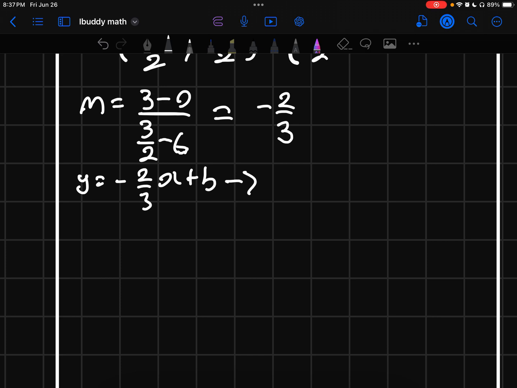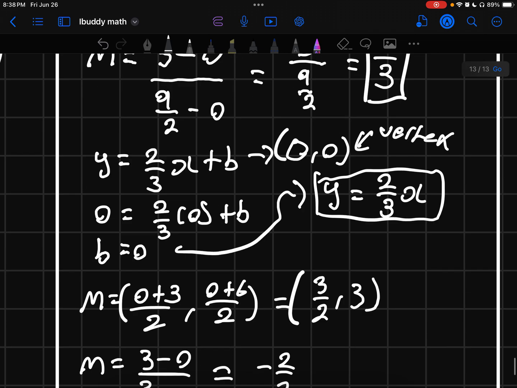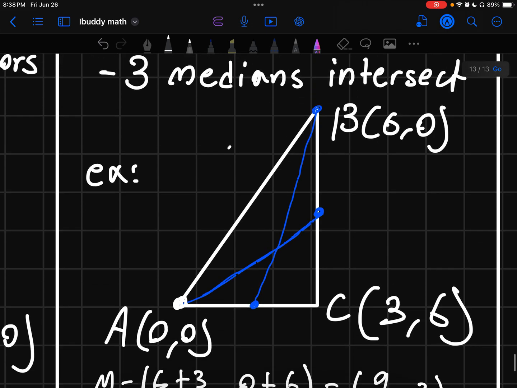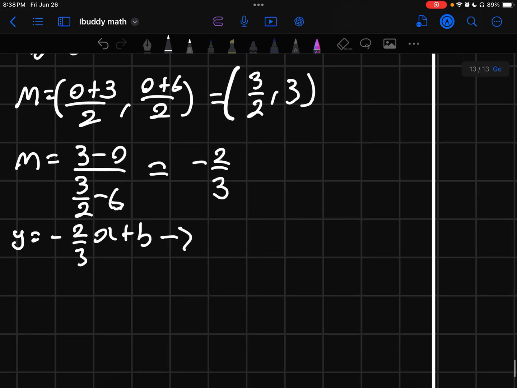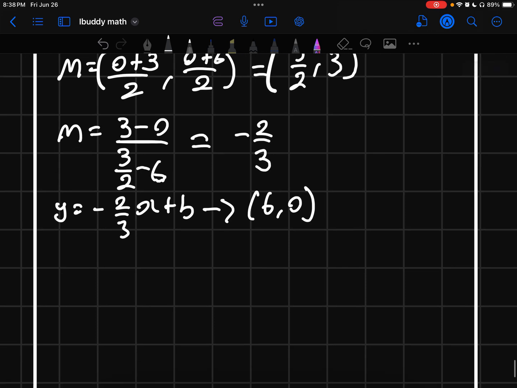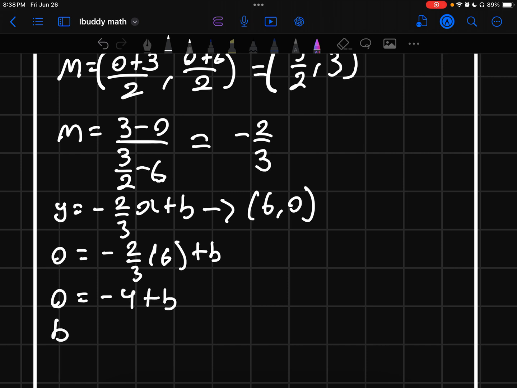Here we substitute the vertex in now, and the vertex is 6, 0. So 0 is equal to negative 2 over 3 times 6 plus b. 0 is equal to negative 4 plus b, so b is equal to 4.